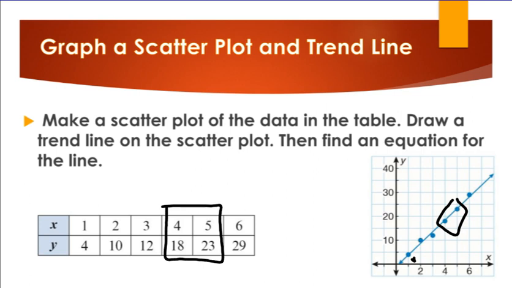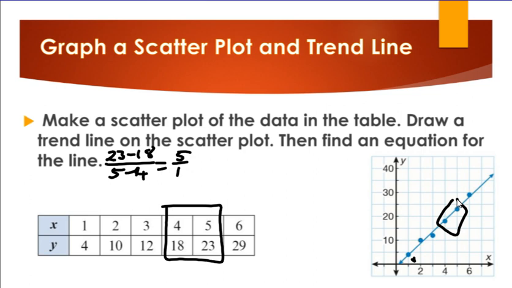We're going to use the slope formula, y2 minus y1 divided by x2 minus x1, to find the slope. So it'd be 23 minus 18 over 5 minus 4, and that would give us a slope of 5 over 1. Then we're going to pick a point.